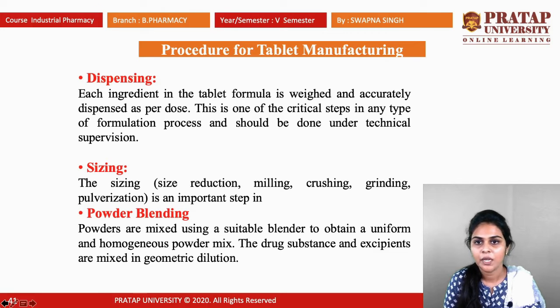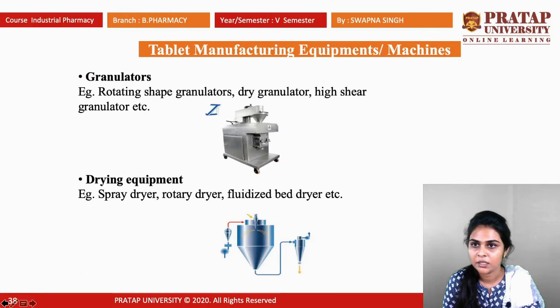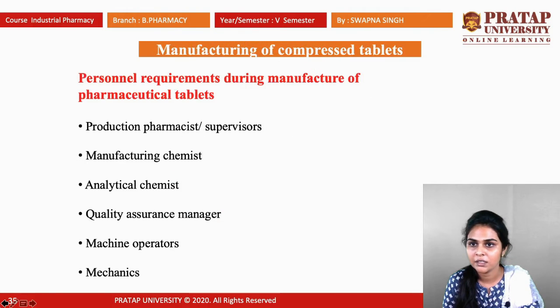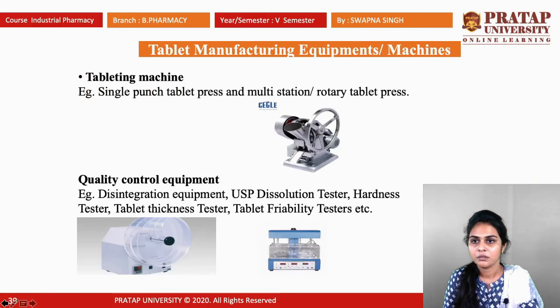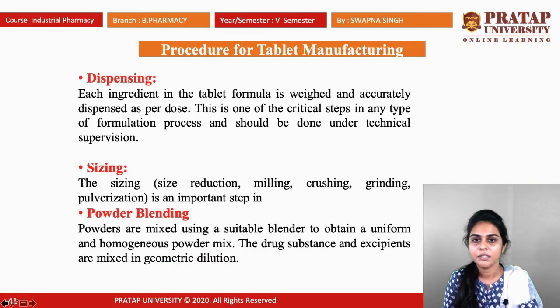Whenever we perform any formulation, we need to weigh all the ingredients accurately, under technical supervision. As I said earlier, different personnel are required during the manufacturing of pharmaceutical tablets, so dispensing should be done under technical supervision.